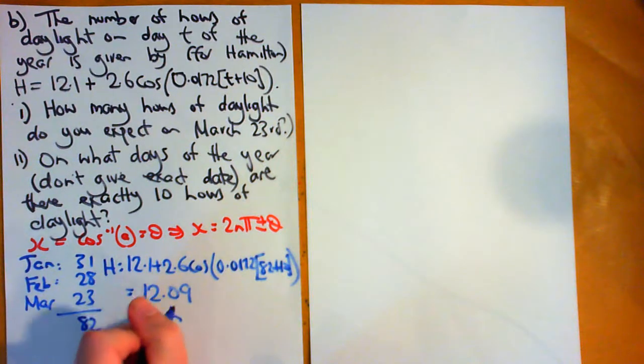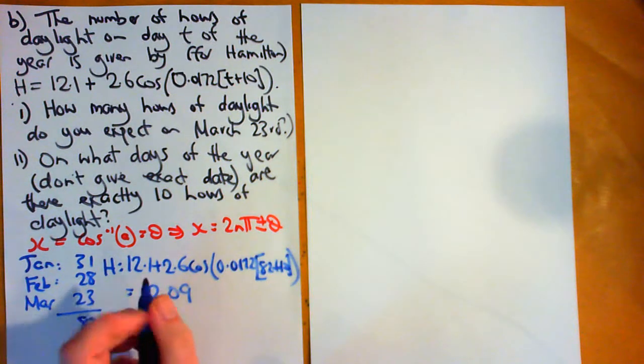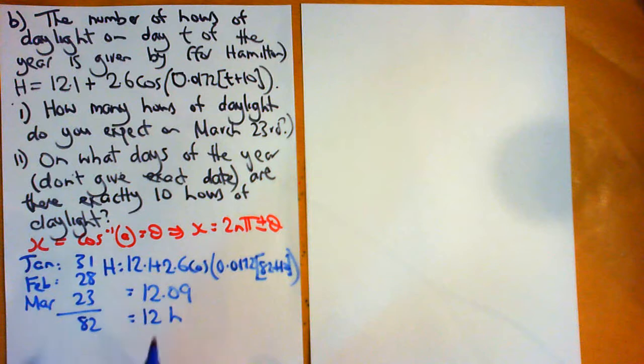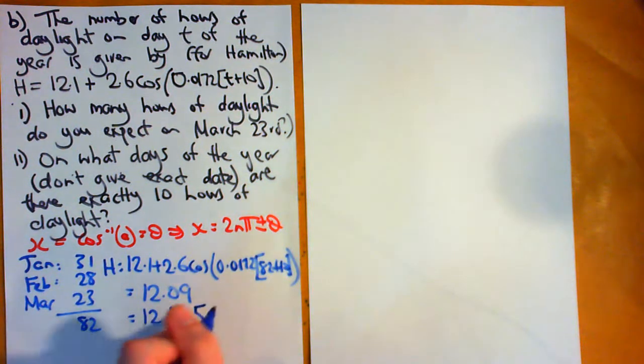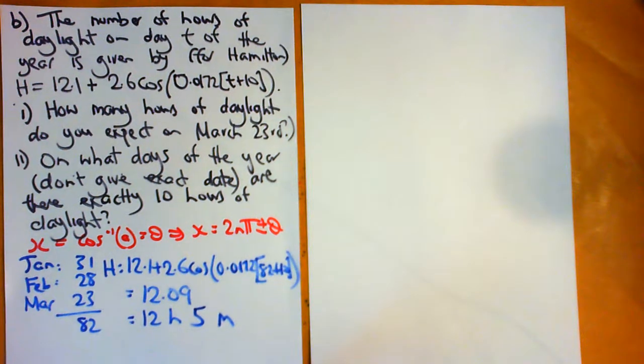So it's 12 hours and 0.09 times 60, because there are 60 minutes in an hour, would give us roughly 5 minutes. So it's roughly 12 hours, 5 minutes. Okay, so we have roughly 12 hours and 5 minutes of daylight on March 23rd.